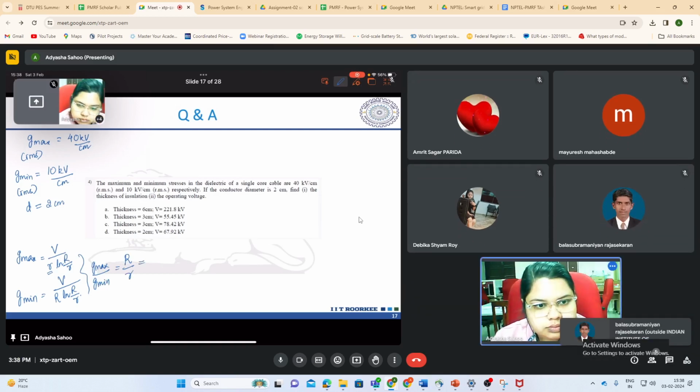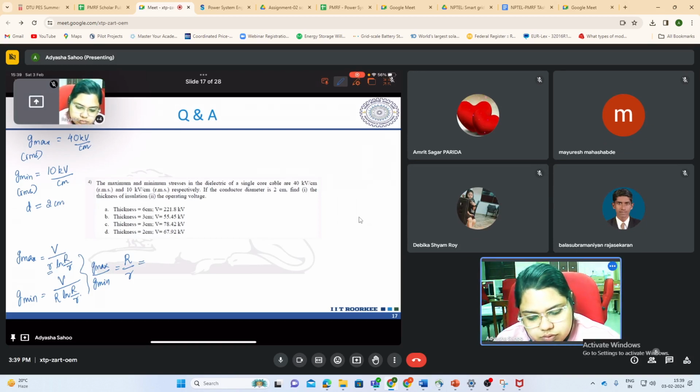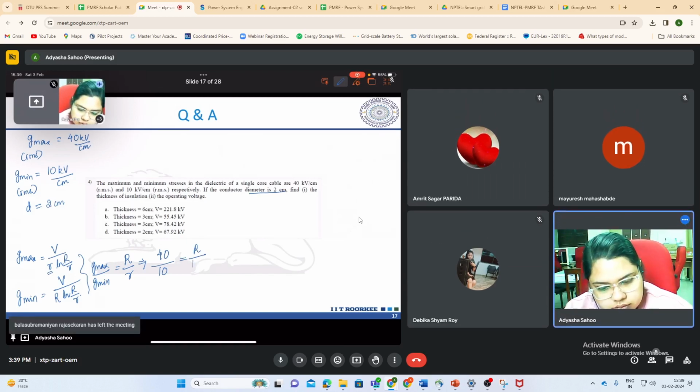So here, what is capital R, what is small r? We need to find this out, right? So Gmax is 40, Gmin is 10, then R by r is 4. What is small r? It is given, diameter is 2 cm, so this is 1.